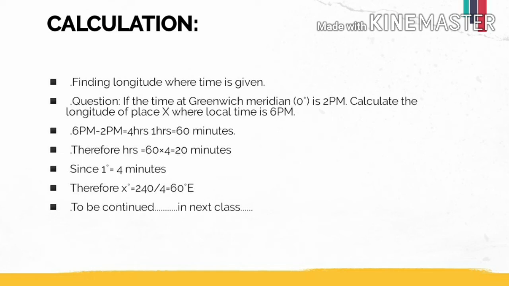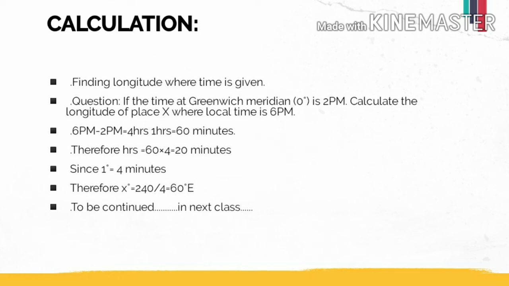Now only 60 degrees has come. You do not know whether to write east or west. So in order to write east or west, you have to understand that the time at x degree longitude is after the time at 0 degree.